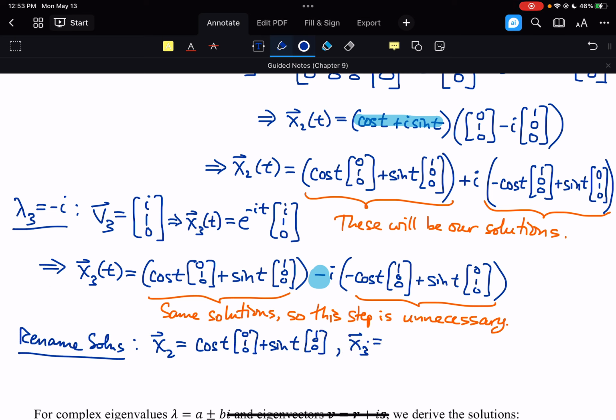And x3 will be negative cosine of t times 1, 0, 0 plus sine of t times 0, 1, 0. These will be our other solutions.